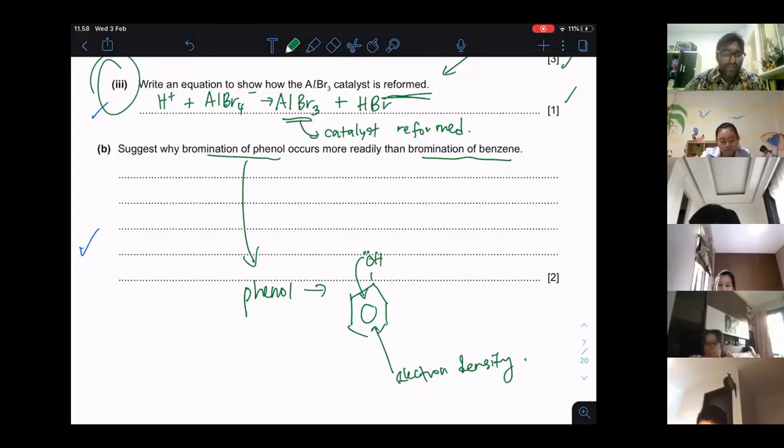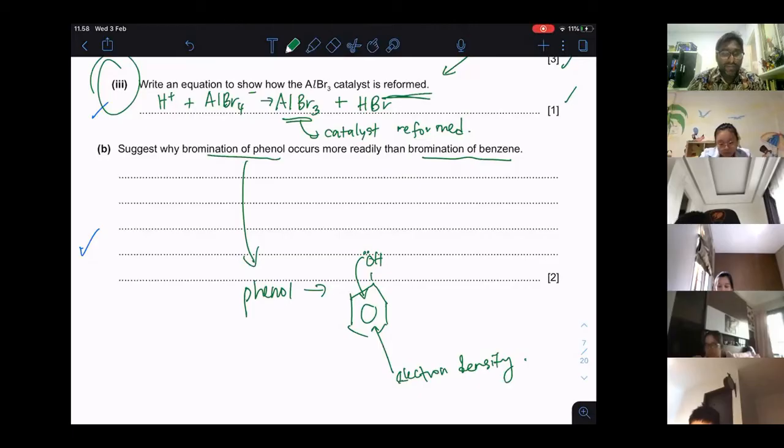If I see the marking key, what you must mention is that the lone pair of oxygen is delocalized into the ring. That is the first mark, but you need to explain one more: phenol now has higher electron density in the ring available for bonding with the electrophile, or something like that.